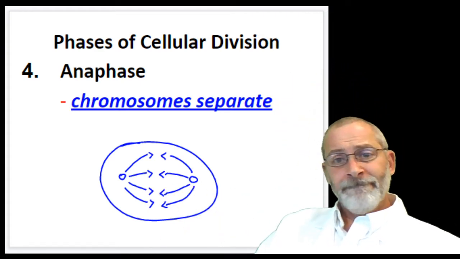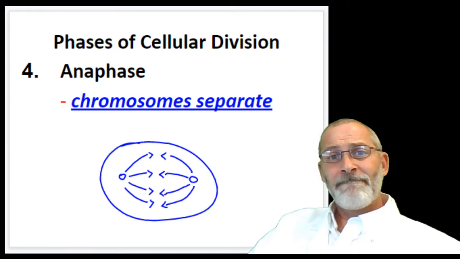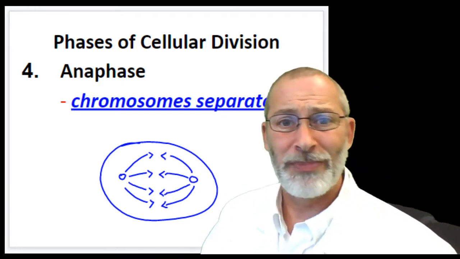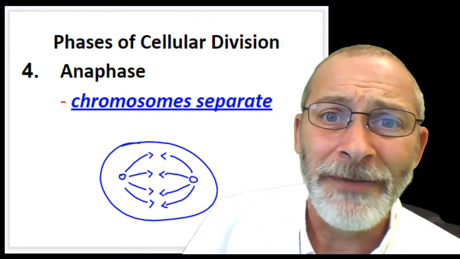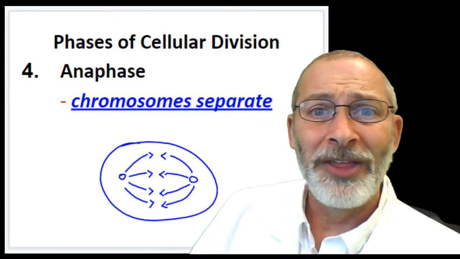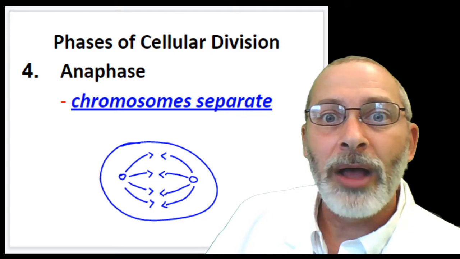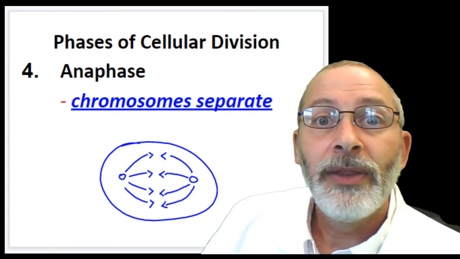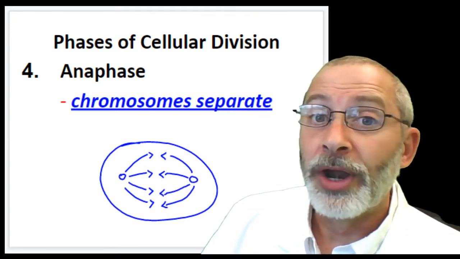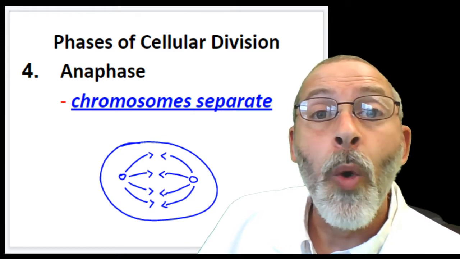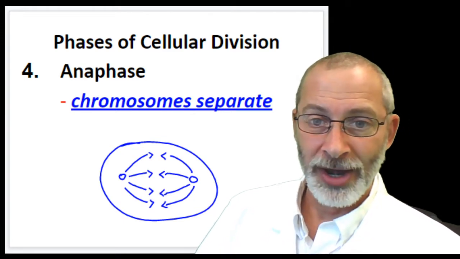Here's the deal. You knew it had to happen. The chromosomes yesterday spent so much time and energy copying one another and getting together and lining up, getting ready for their dance. Well, here it is. They're separating now. Or in other words, they're moving away from one another.